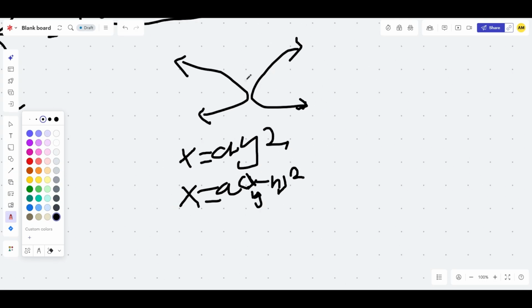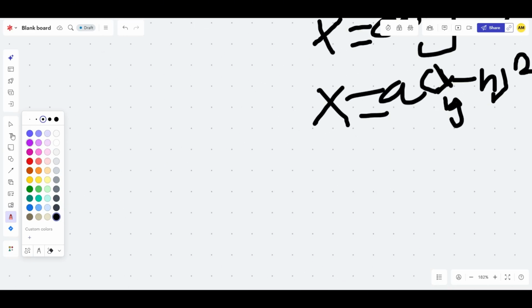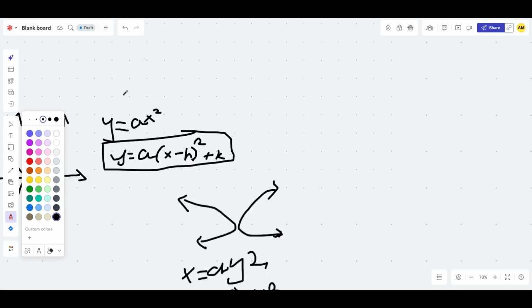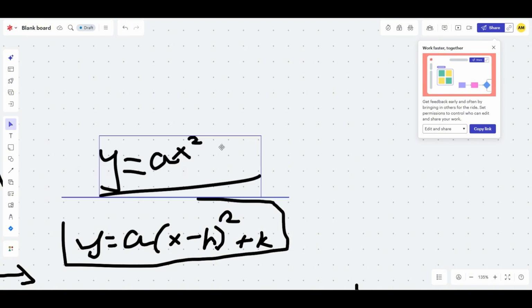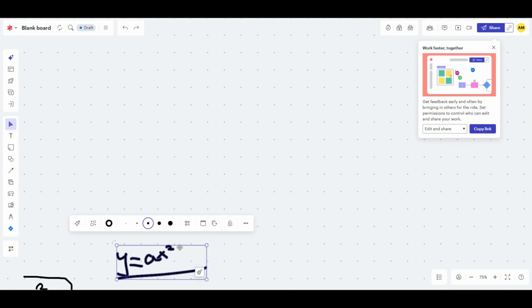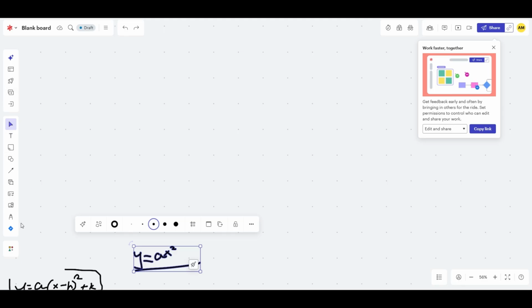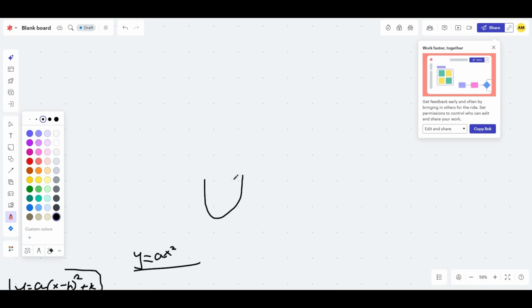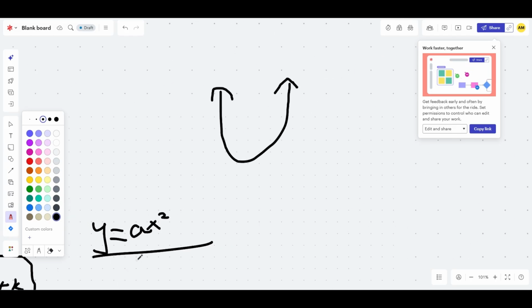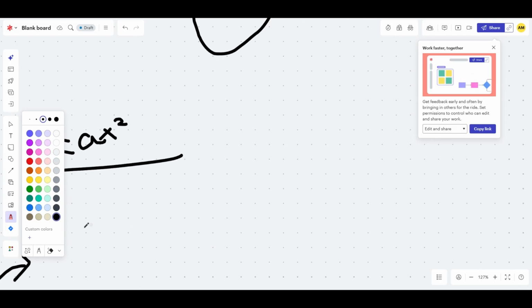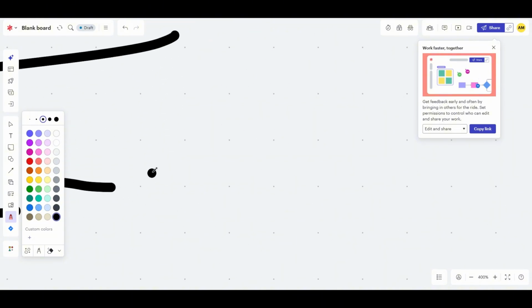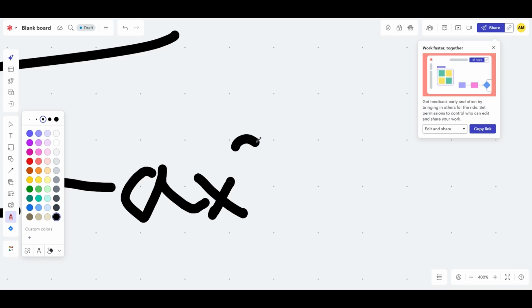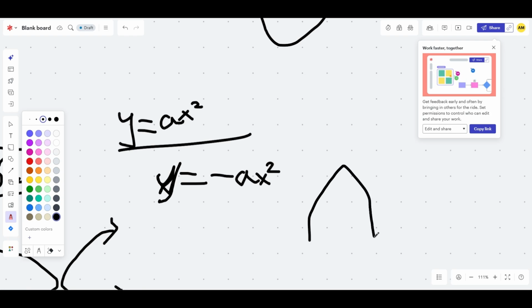This is what makes the graphs go like this. Let's say we have this equation, y is equal to ax squared. We know the graph is gonna go like this. If y is equal to negative a x squared, we know from Algebra 1 it will go like this.